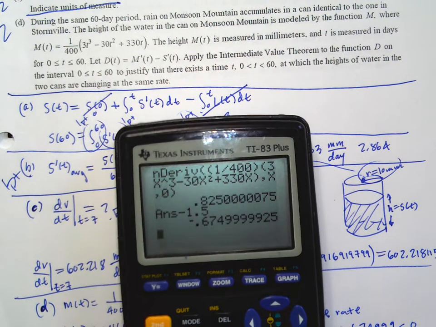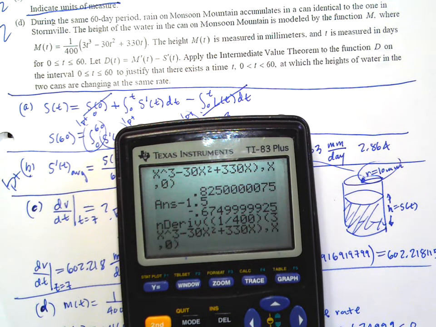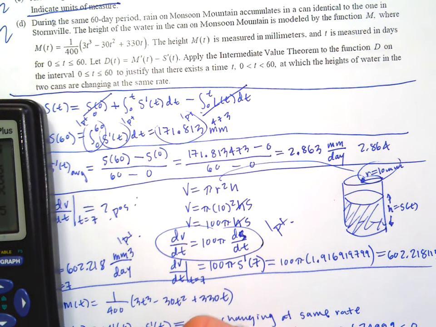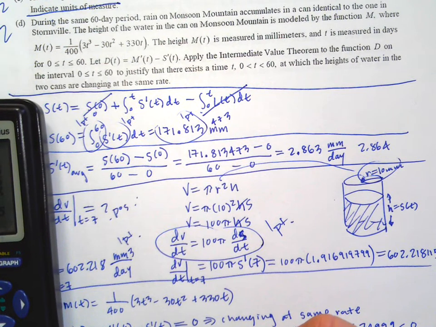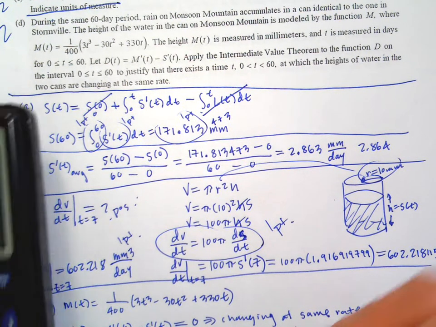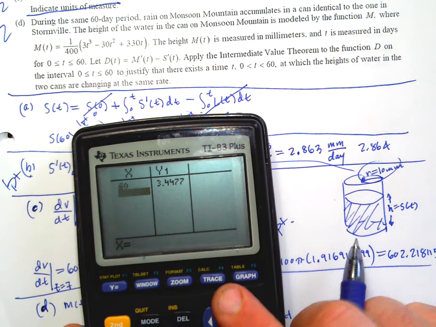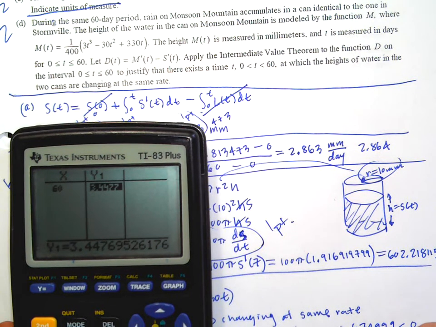And so we could go back to the previous one and put a 60 where the 0 is. And that's the rate change of Monsoon Mountain, 72.825, minus, and we could go back to the table and put 60 in here, and it is 3.4476952661.